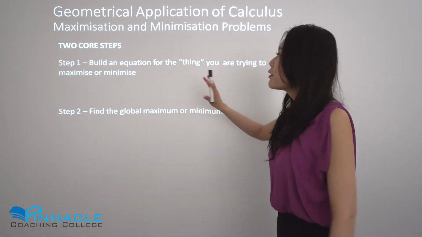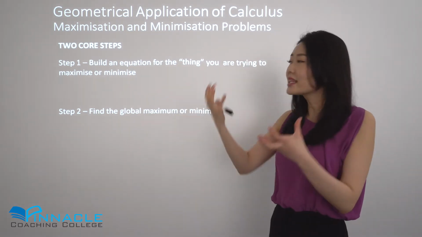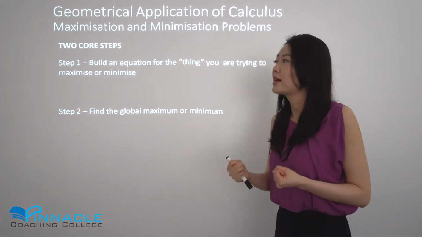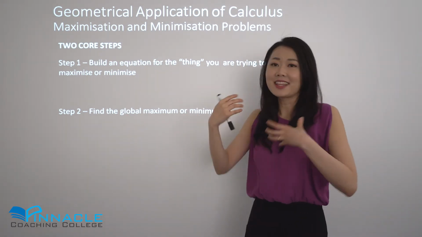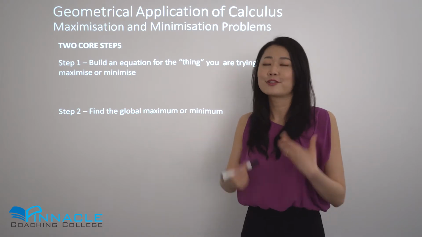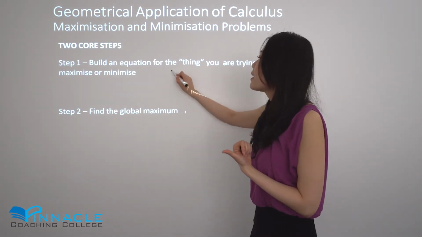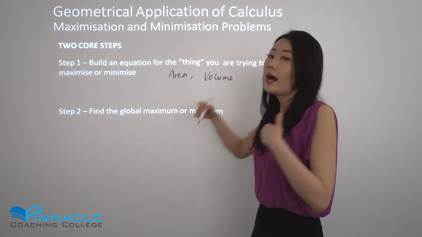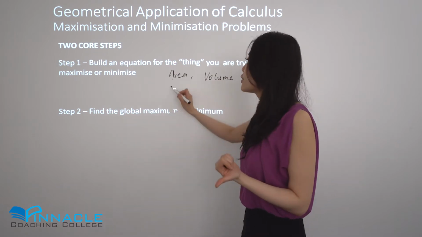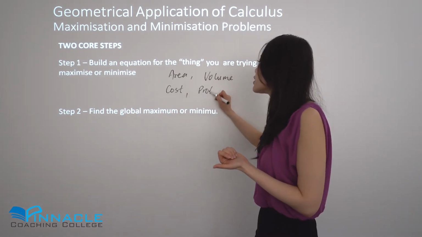The first step is always building an equation for the thing you are trying to maximize or minimize. I've generalized this terminology because it does vary from question to question. Very typical things are areas and volumes. Sometimes I've seen a cost equation or profit equation.